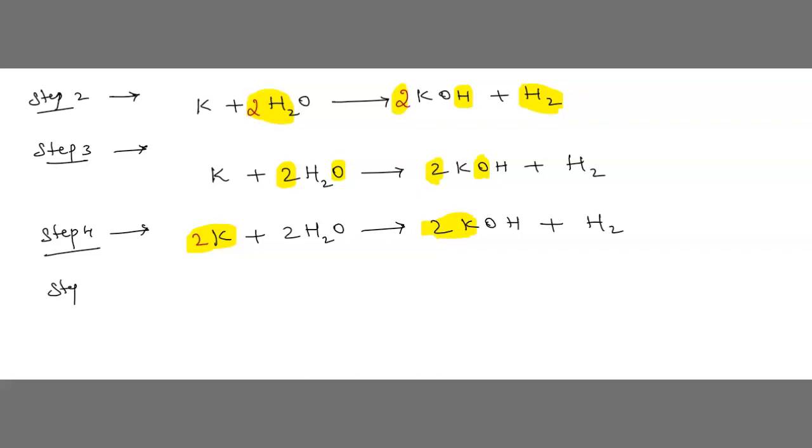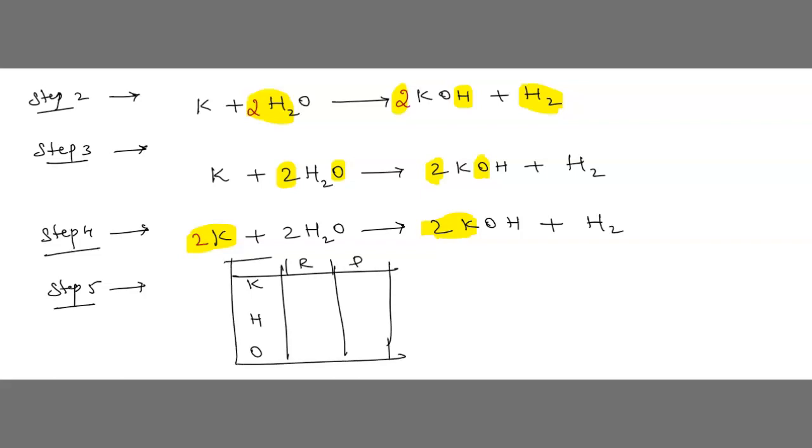Next step number 5. Let me check finally which elements we have. K we have, H we have, O we have. Correct? Now this is reactant side and this is product side. How many K? Reactant side 2K. Product side 2K. How many H? 2 2s are 4H.